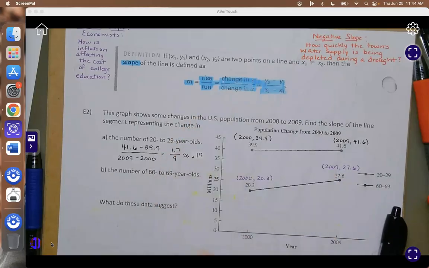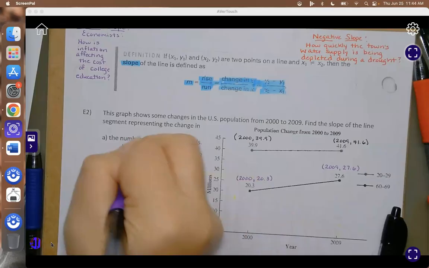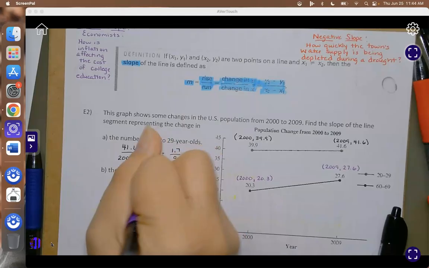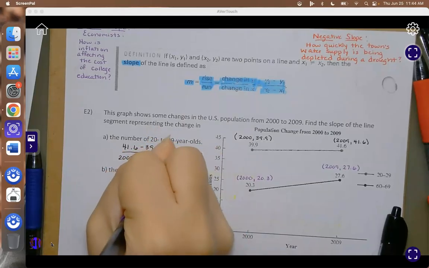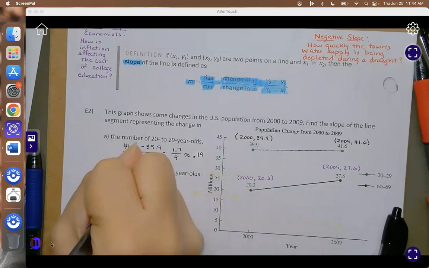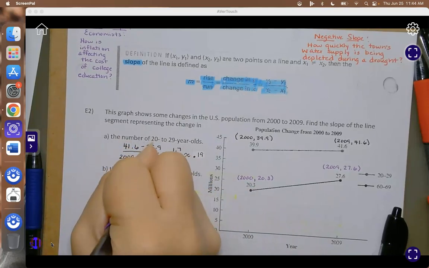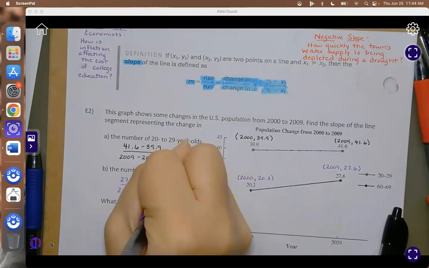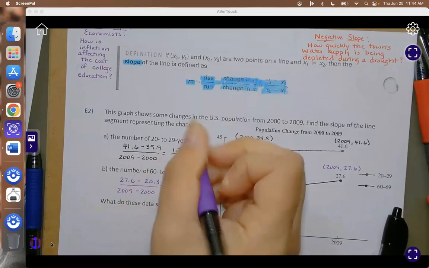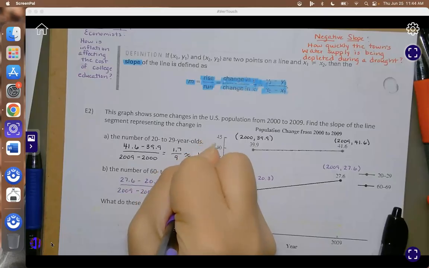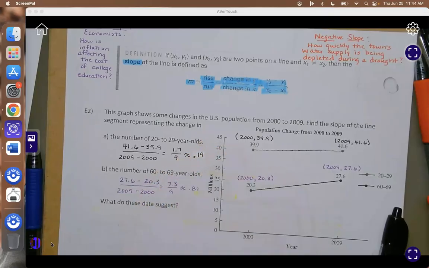Now if we do the same for the 60 to 69-year-olds, we do 27.6 minus 20.3 over 2009 minus 2000. That's 7.3 divided by 9. That's 0.81. So what does this data suggest?